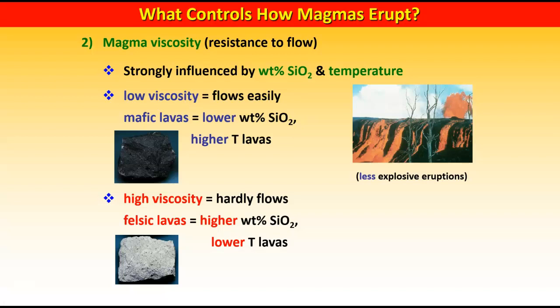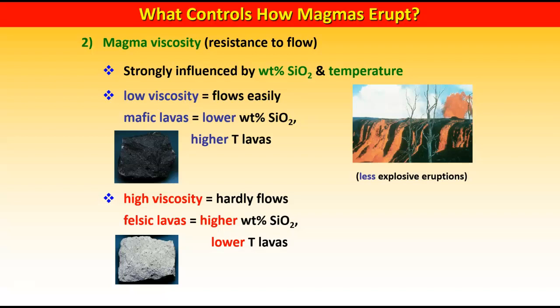It flows easily. So look, when I have a volcano or magma that is very mafic, and I have water and gases in there, they can bubble out pretty easily. There isn't this big, thick, gooey stuff holding my gases and liquid in there. It allows it to escape, and so there isn't a big pressure buildup.